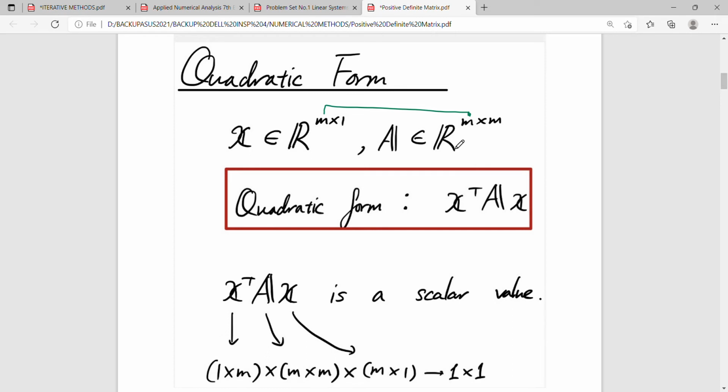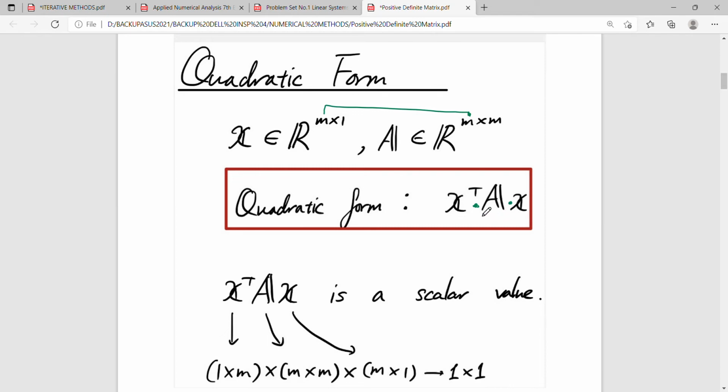Why? Because the checking is done using the x transpose A x operation. And this is a dot product. In mathematics, when you're dealing with matrices and vectors, you are dealing with dot products. So it's simply a dot product of x transpose, A and x.